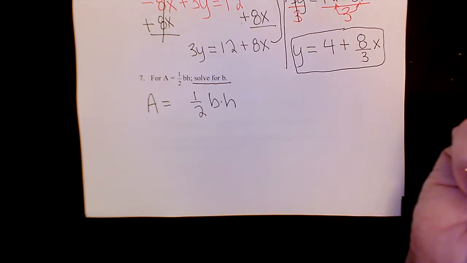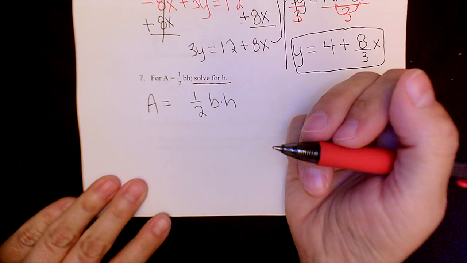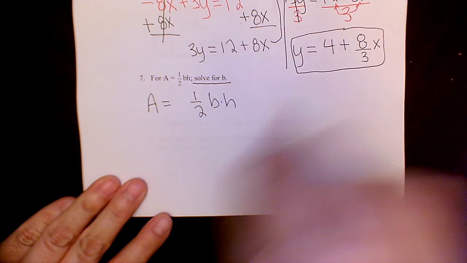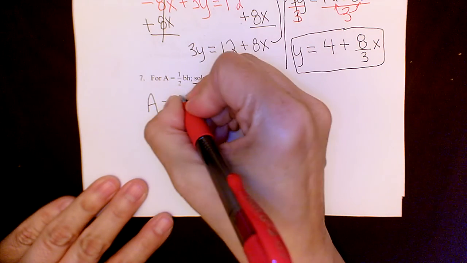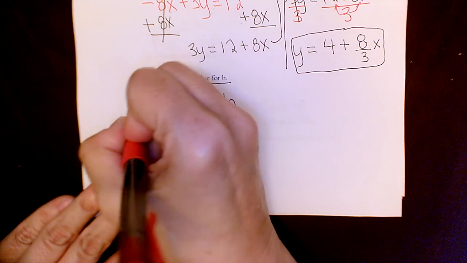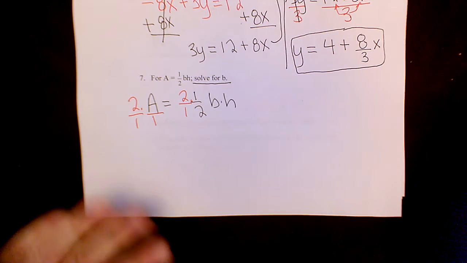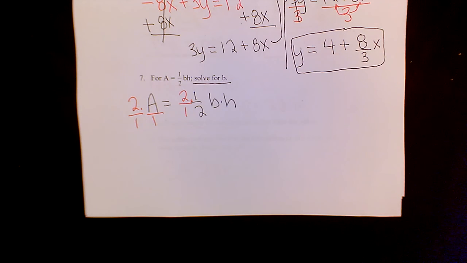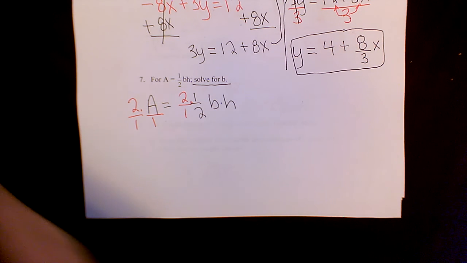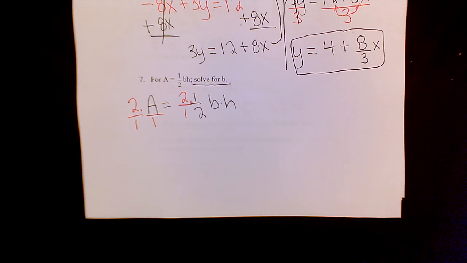I'm going to multiply both sides by the reciprocal of 1/2, and remember the reciprocal, we just take the fraction and flip it around. So I'm going to multiply both sides by 2/1, which is the reciprocal of 1/2. I'm going to put a 1 under the A to make it easier to multiply.